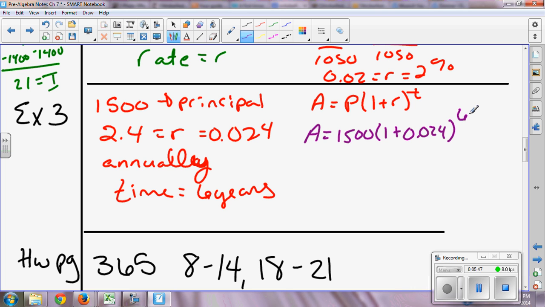So in our calculator, we are going to take 1,500, open parentheses, 1.024, close parentheses, raised to the 6th power, and I will get a balance of $1,729.38.